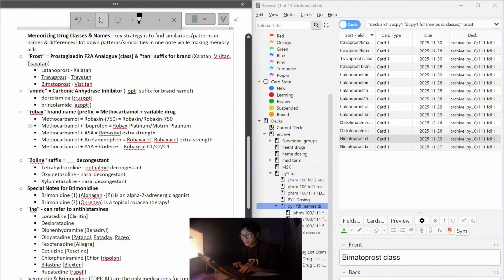Also, I just wanted to point out that sometimes when you see combination products, you'll see the name of the added or adjunct medication, such as ibuprofen or acetaminophen, show up.